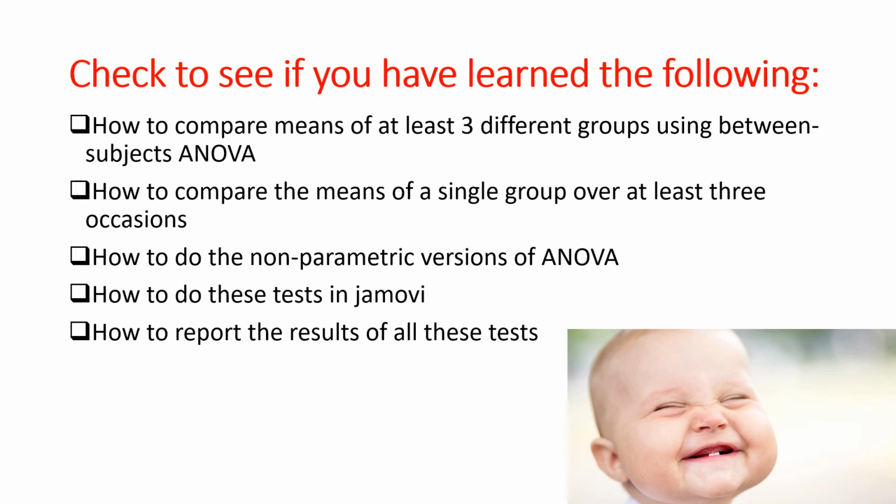I expect you to know what the non-parametric versions of ANOVA are and when to use them. I expect you to be able to do all of these tests in Jamovi and to check the assumptions of ANOVA in Jamovi and then based on the assumption checking decide what to do next. And I expect you to be able to report the result of these tests.